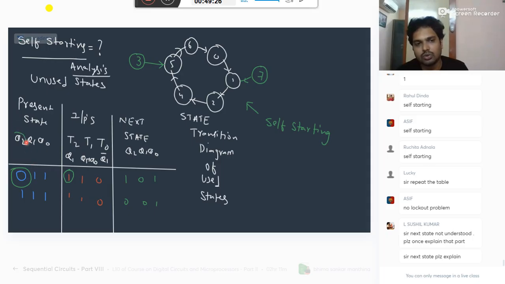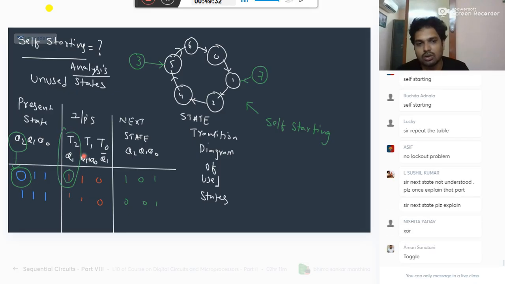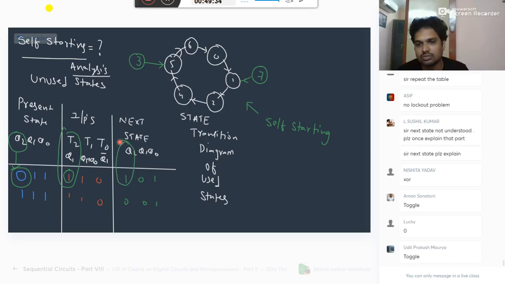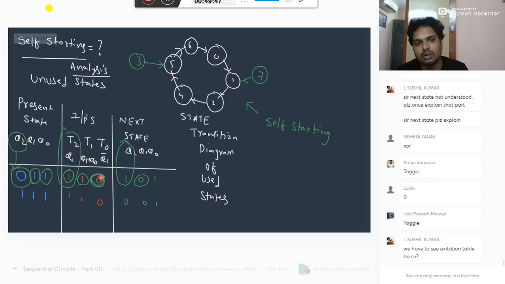Present state is 0, your input is 1. What is the next state? Toggle. Toggle means it will become 1. Similarly, present state is 1, your input is 1, toggle means it will become 0. Present state is 1, your input is 0. Input 0 means it will stay in the previous state only.